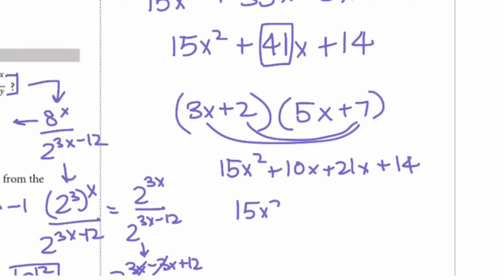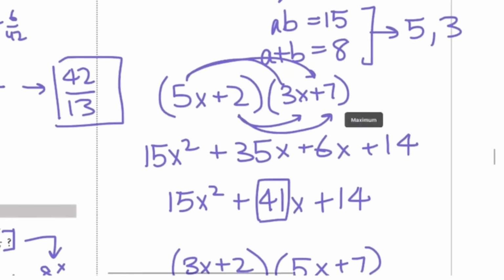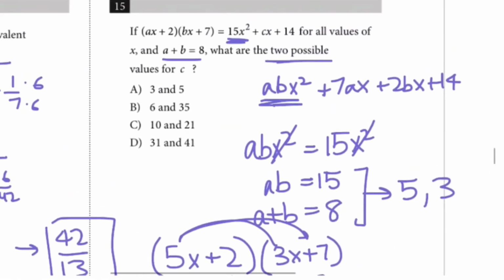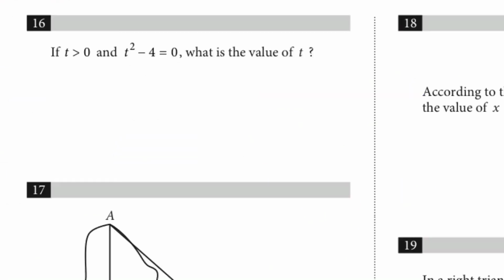So my product is 15x squared plus 31x plus 14. So my c value ends up being 31. So my two possible values for c are 31 and 41, which is answer choice D.